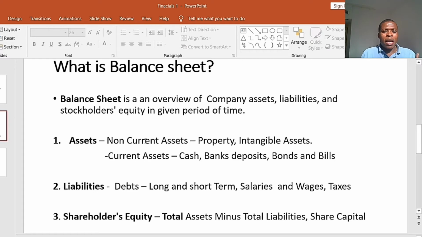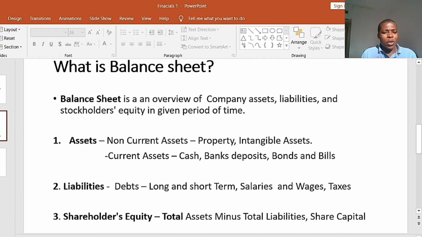Second is liabilities. Liabilities, in short, are any cost to the company, like debts, salaries, wages, taxes. So anything that costs the company goes to the liabilities side. Number three is equity, shareholders' equity.